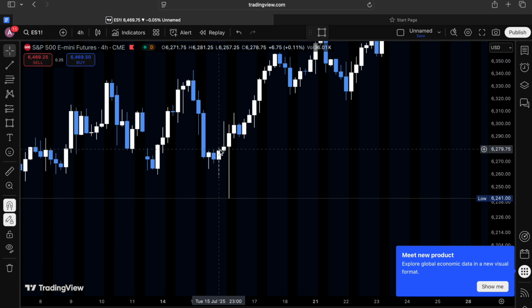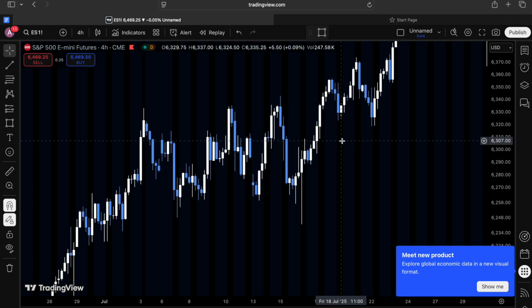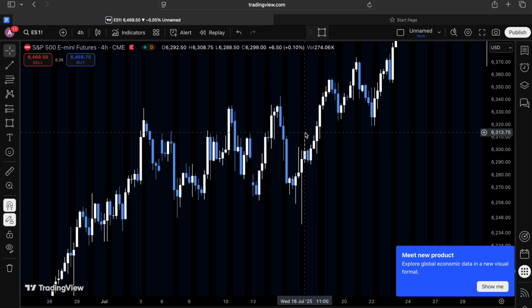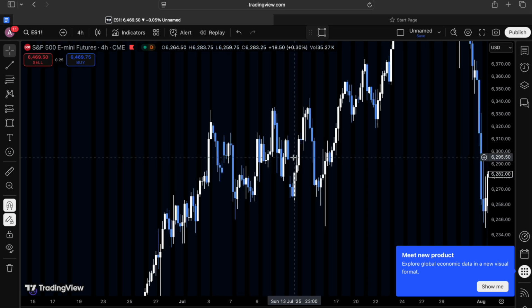So broke above it. What happened right after? Boom, right? Continuation to the upside. So essentially what a break is, it's just getting confirmation that market structure wants to either shift or continue in the same direction, okay? So that was a break of structure to the upside. Now a break of structure to the downside is the same thing, just in the contrary.